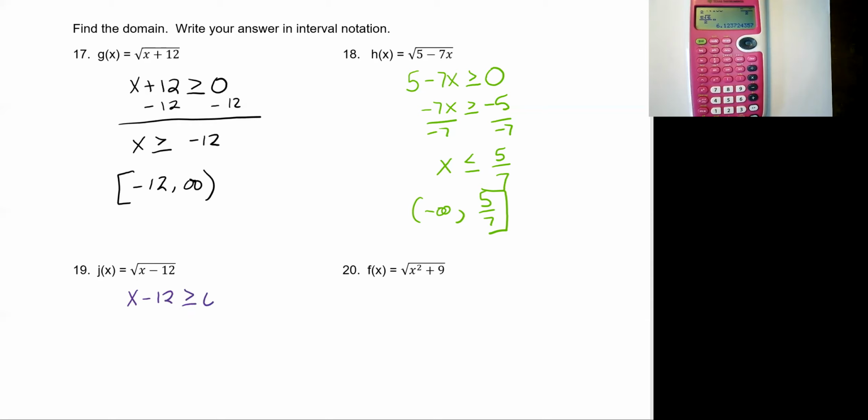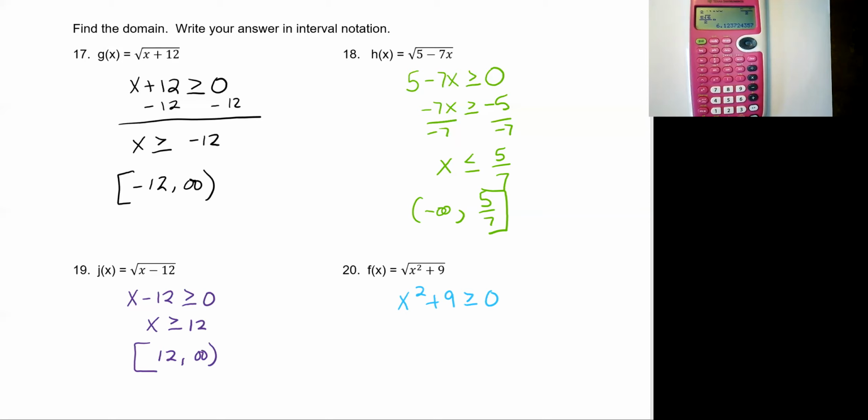Set the radicand greater than or equal to 0. X is greater than or equal to 12. As an interval, we're going from 12 to infinity. And number 20, x squared plus 9 greater than or equal to 0. Think logically.